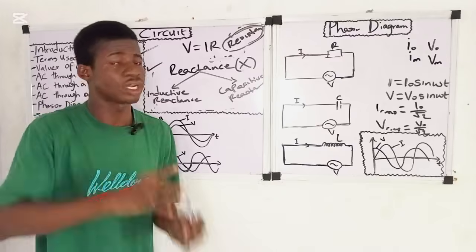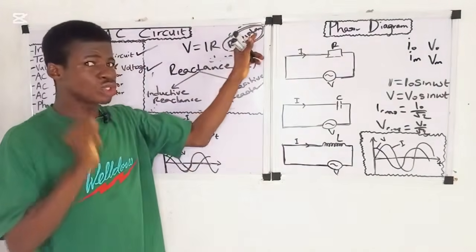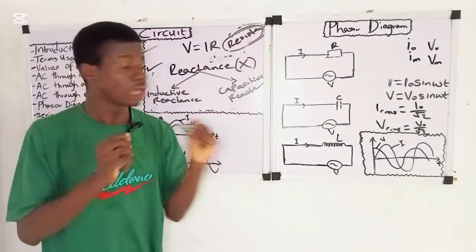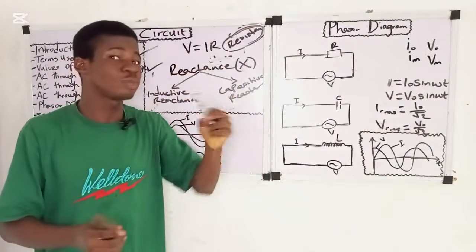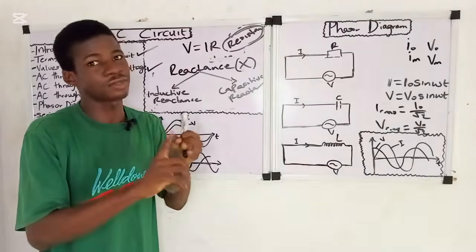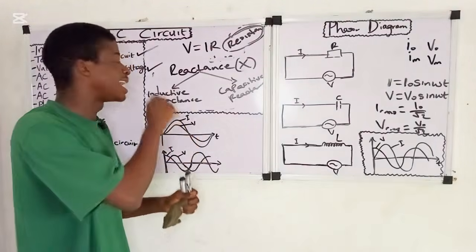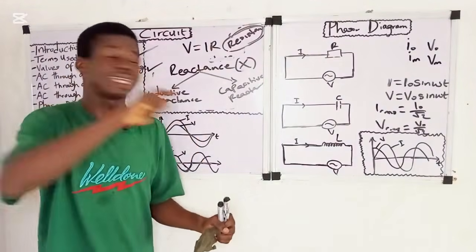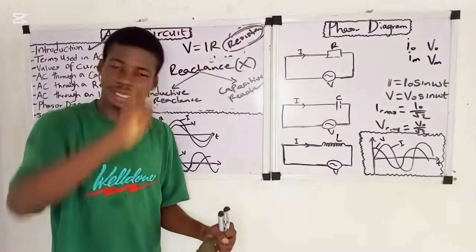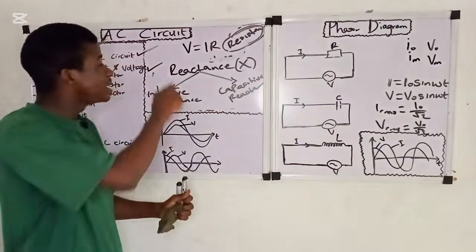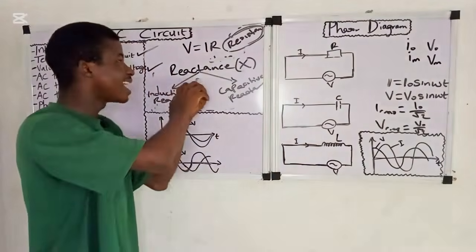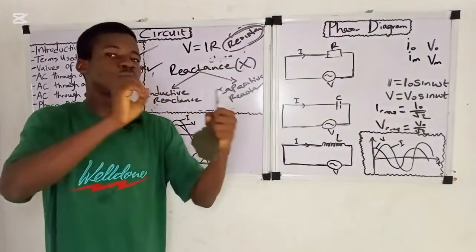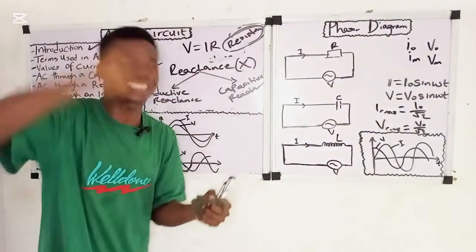Now, what is reactance? Remember, resistance is the opposition to flow of current. But reactance is the opposition to changes in current and voltage offered by an inductor and a capacitor respectively. So resistance is opposition to flow of current, whereas reactance is the opposition to changes.